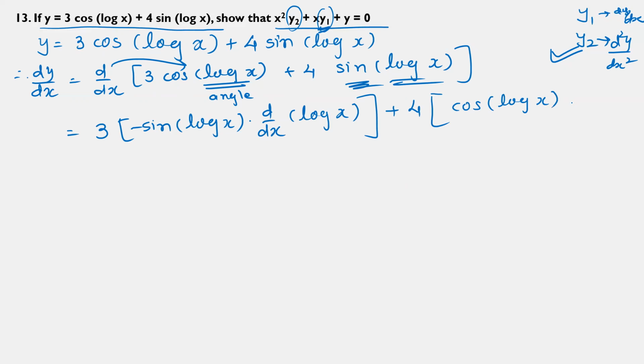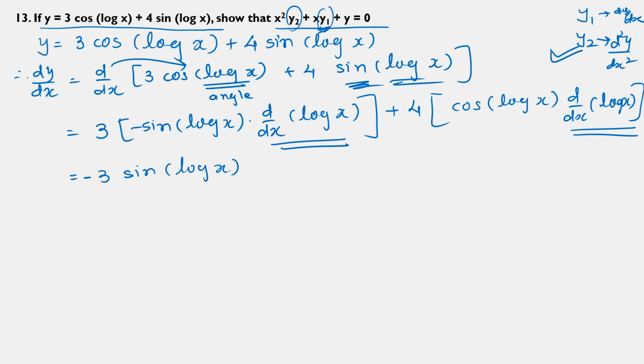But again the angle is some weird one, so chain rule. We have to apply this. So let's open the brackets. Minus 3 sine log x into 1 by x plus 4 cos log x into 1 by x.